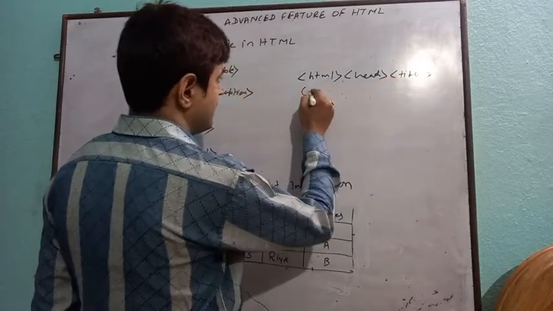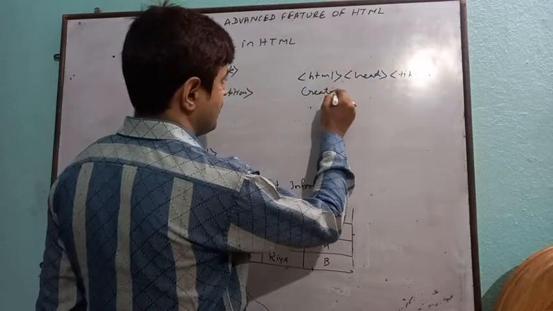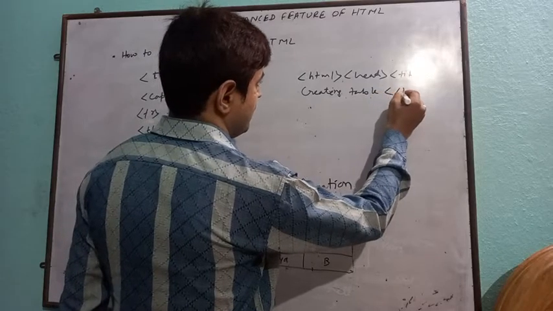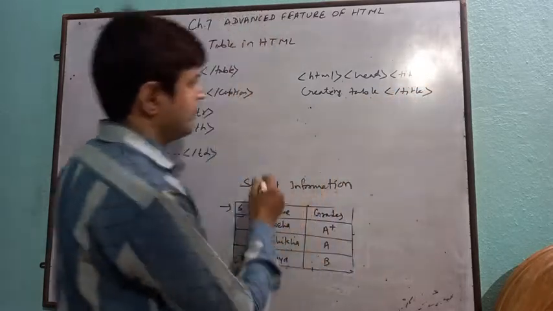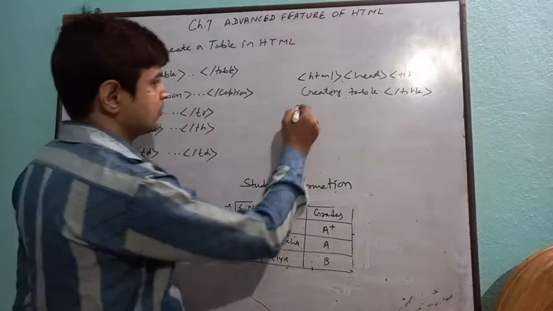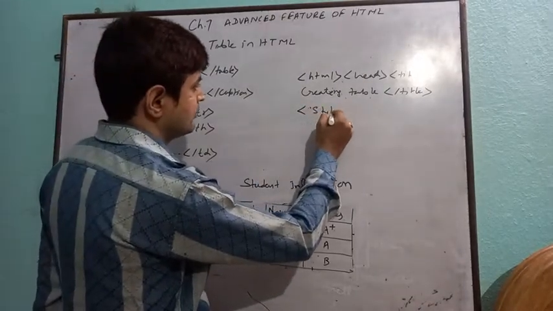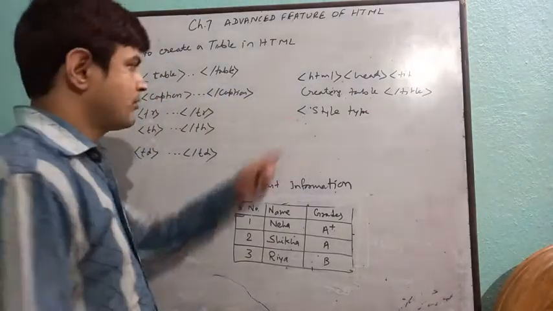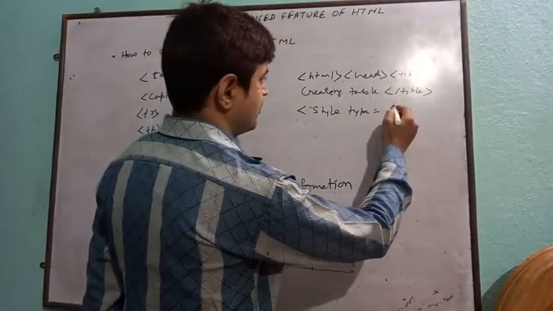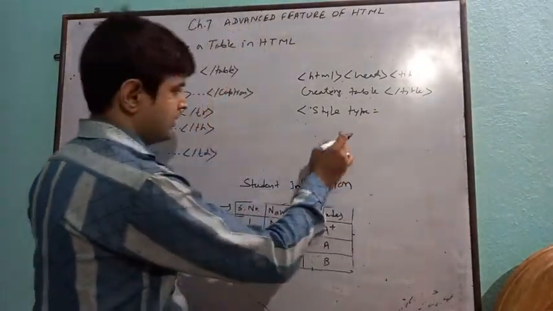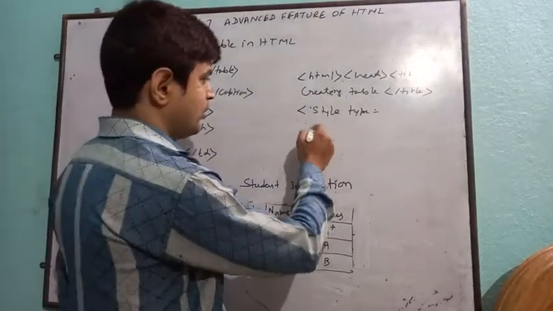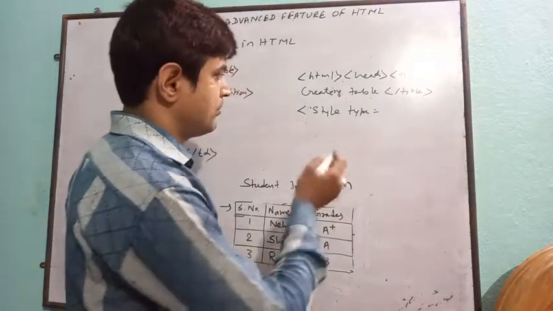Say the title is creating table, close title, and the next style type. Actually, I just exclude this. The style type equal to CSS text, and here define any background color, body background color gold, or something else.